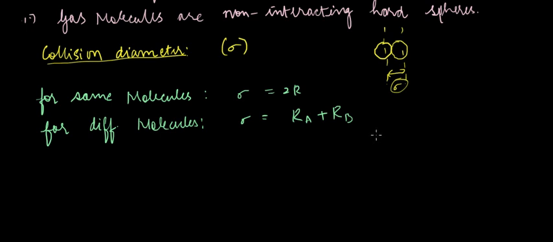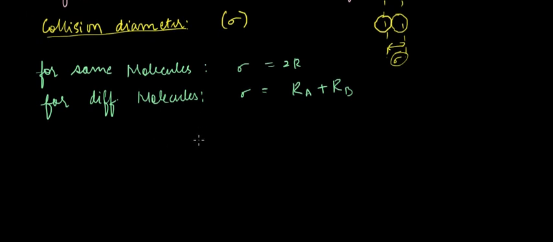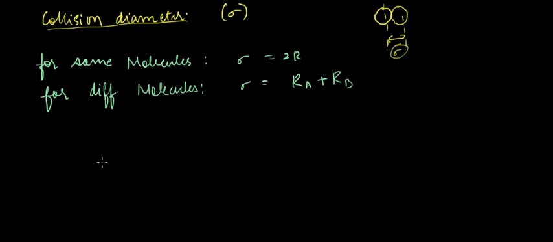Let me write it this way, that suppose a gas molecule is colliding with some other gas molecules, and let's say the other molecules have the same radii as the colliding molecule.